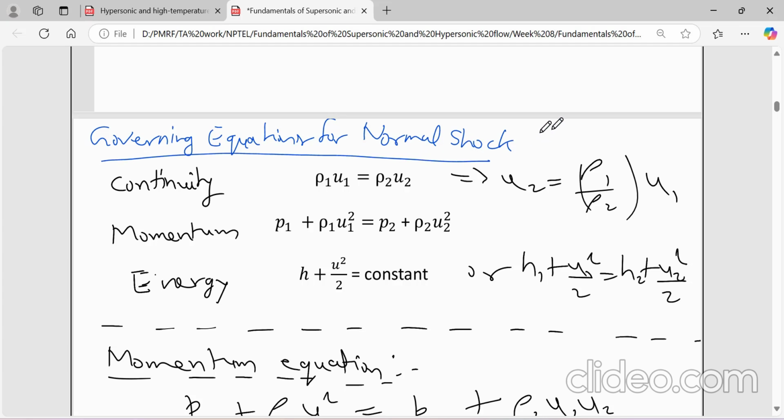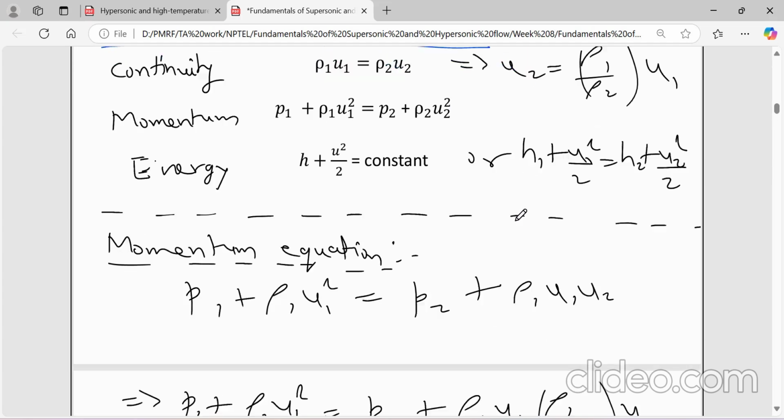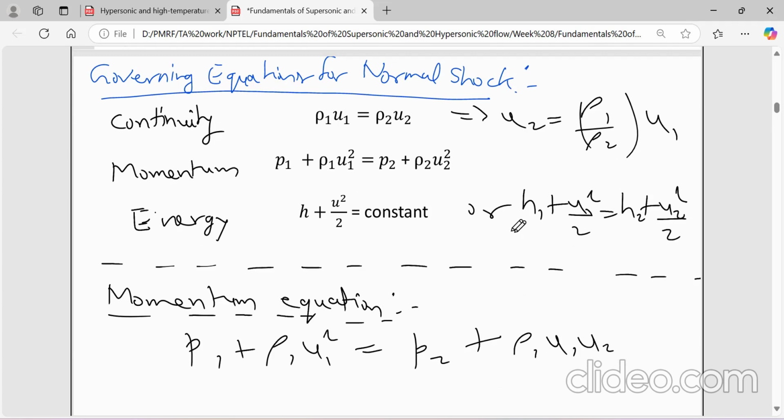So, there are some assumptions for this normal shock: the flow is steady, it is adiabatic, there is no body force involved, and the flow is inviscid. If we take all these assumptions, we will get these equations.